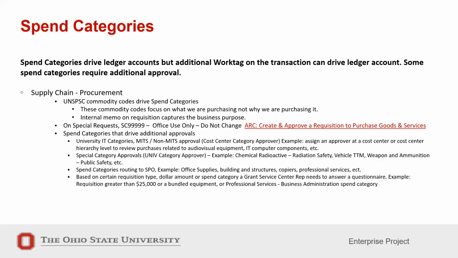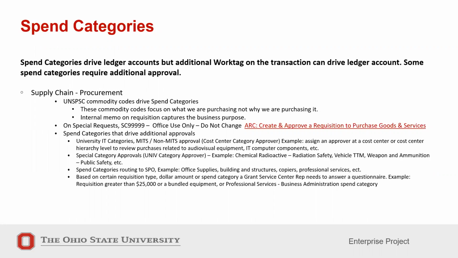But when you're creating a non-catalog requisition and you're unsure of the spend category you should be selecting, if you put this special request spend category 99999 on there, it's going to route for someone to take a look at it and change it to the correct spend category. There is training: Create and Approve a Requisition to Purchase Goods and Services. If you take a look at that, it will talk about this spend category and how you create those requisitions.